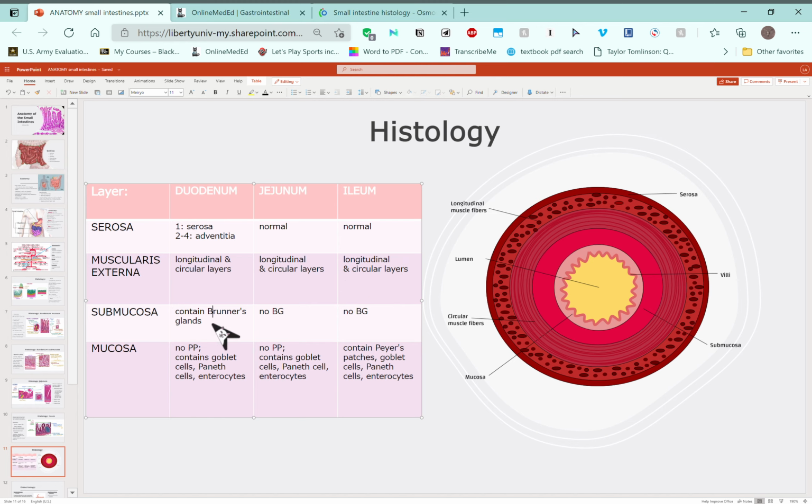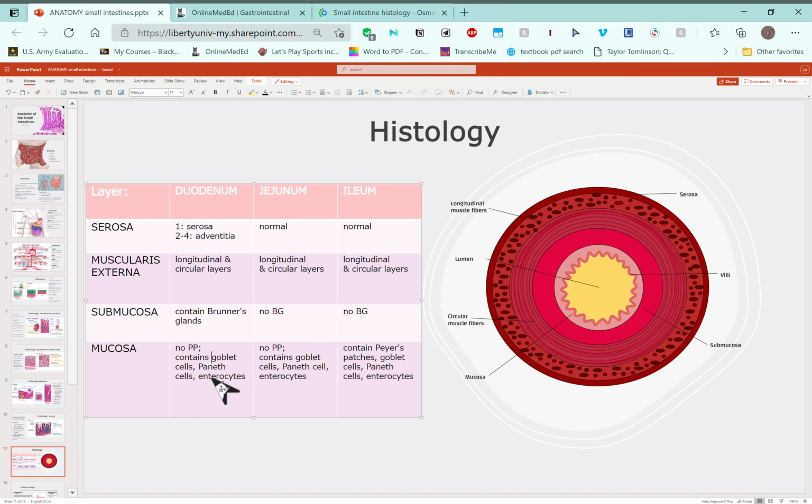Submucosal layer, the only big difference is that the duodenum contains Brunner's glands, while the jejunum and ileum will lack these glands. As for the mucosal layer, the duodenum and the jejunum do not have Peyer's patches, but the ileum will have these Peyer's patches.